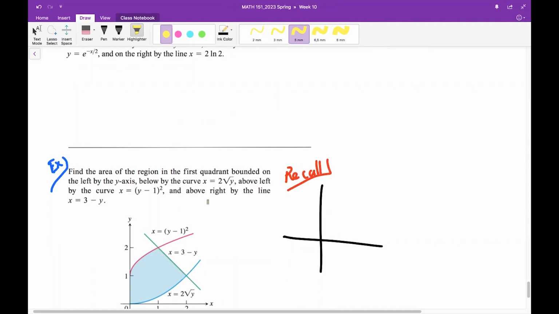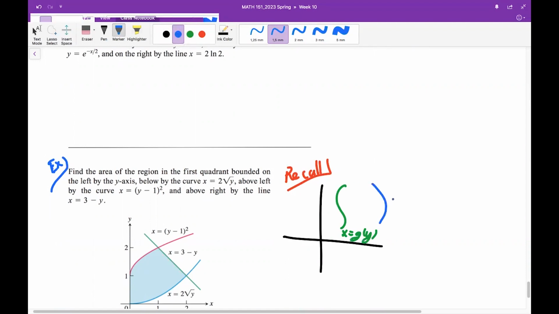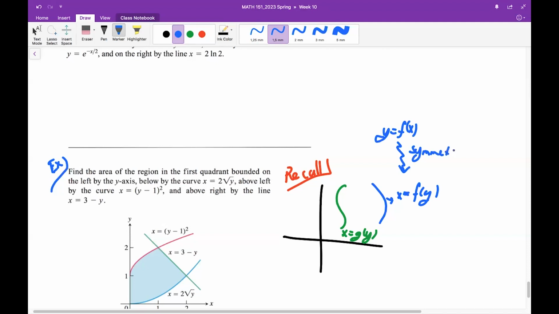So I will just draw the symmetric version. Okay, let me draw a curve like that. Let's say this is x equals g of y. Let me draw another curve. And let's say the equation of this curve is given as x equals f of y. You see, I changed the roles of x and y. The equations are not given as y equals f of x anymore. Instead, we are using the symmetric story.